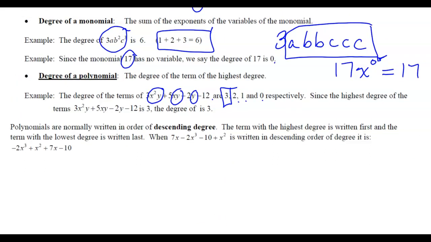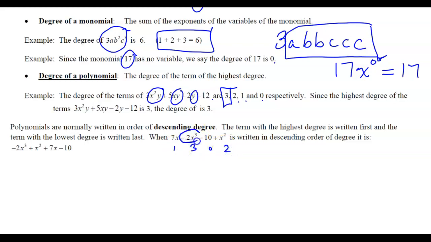And so often, when we do our math questions and expand and collect like terms, we like to show them in descending order of degree. So think of descending as going downwards. Descending means the highest degree term first, then the second highest all the way down to the constant, if you have a constant term. So this here, when we arrange this, this is degree 1, 3, 0, 2.